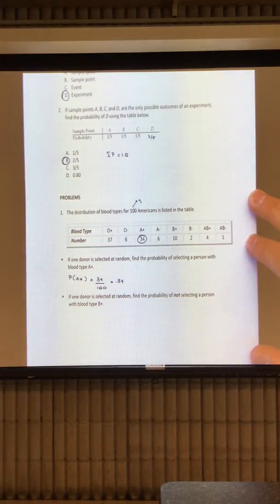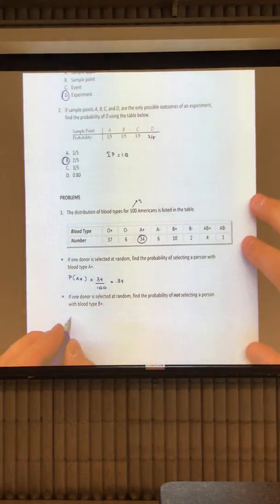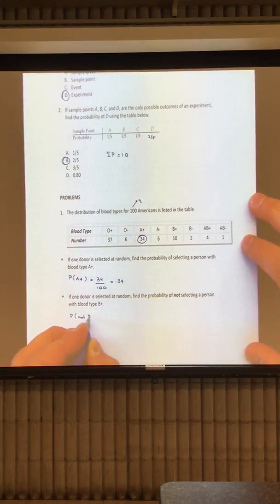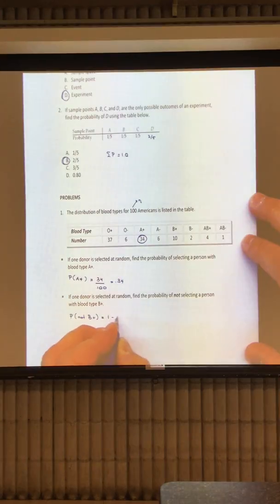Problem number 2, what is the probability of not selecting a person with blood type B plus? So the probability not to have a blood type of B plus will be 1 minus the probability to have a blood type of B plus.